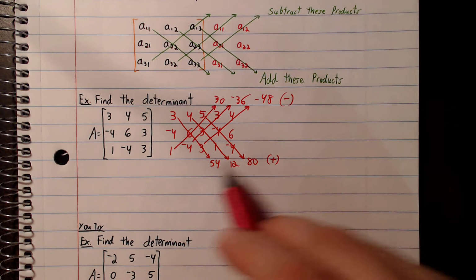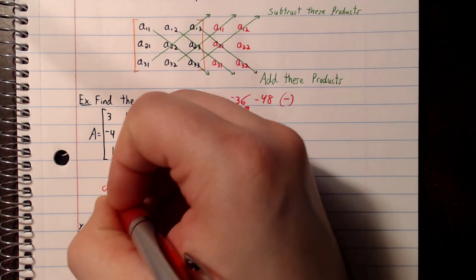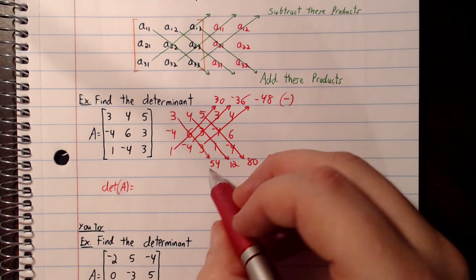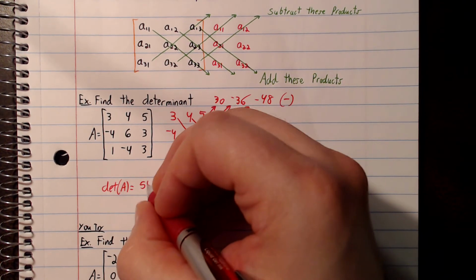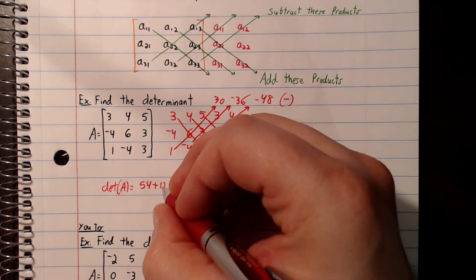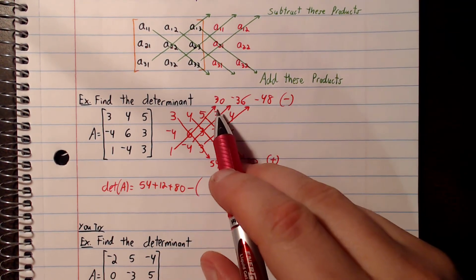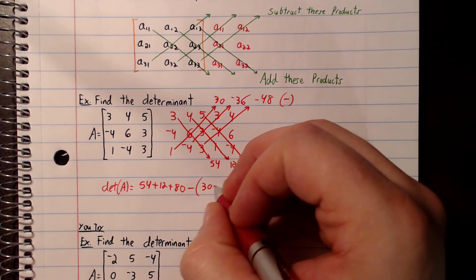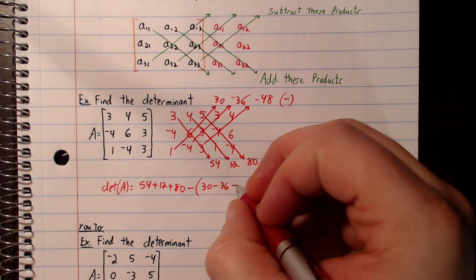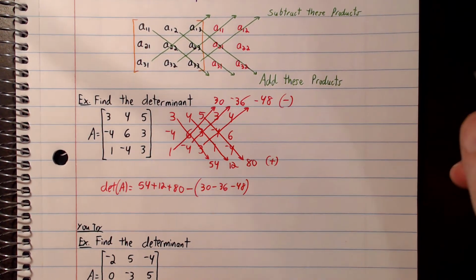Okay, so I'm going to do this right now. Right, the determinant of A. Let's add these. That's 54 plus 12 plus 80. And then we're going to subtract these. 30 minus 36 and minus 48.